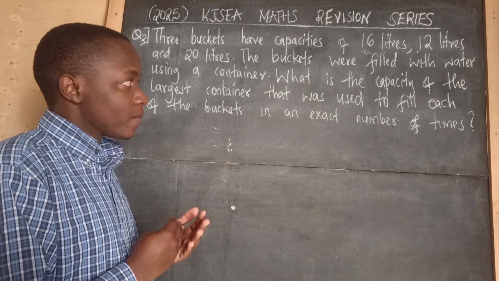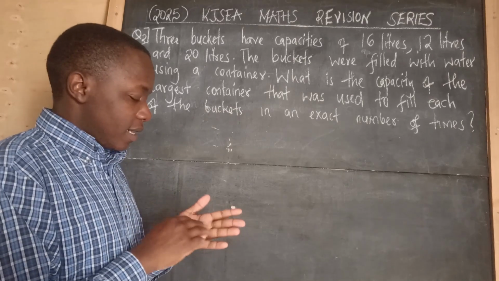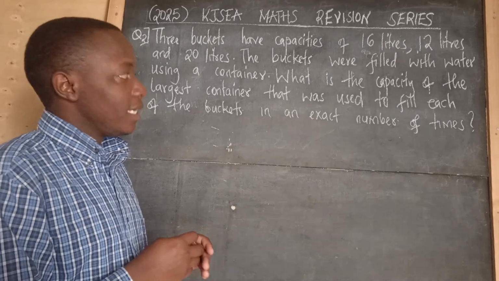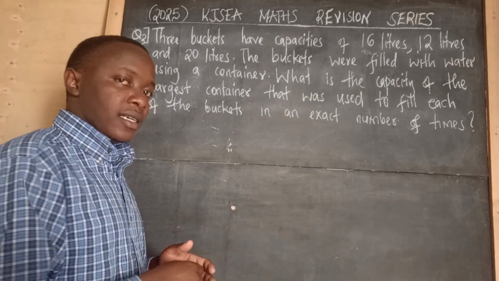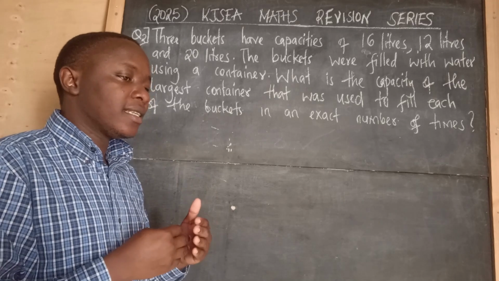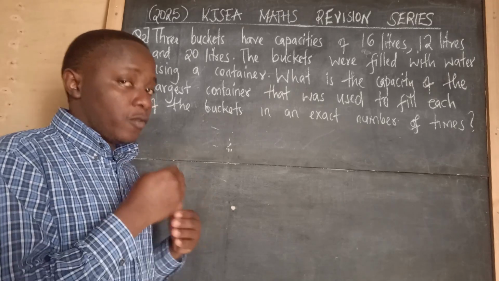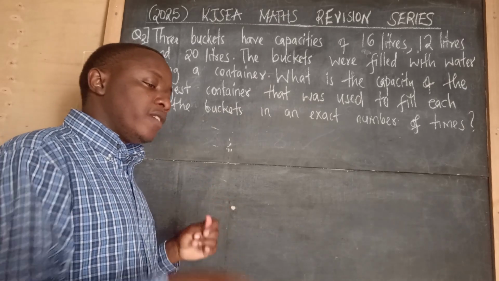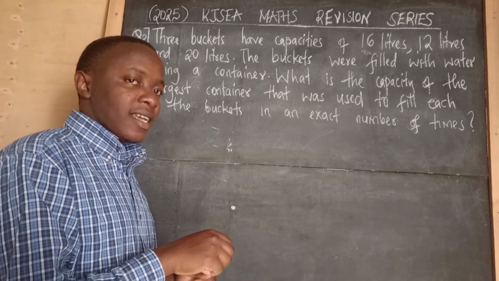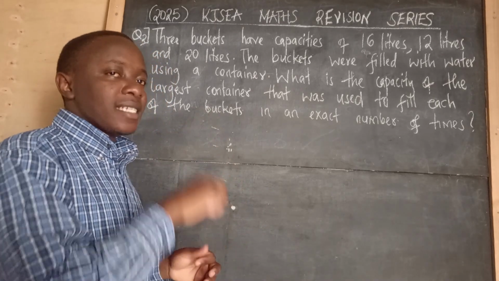Okay? So this container that is filling these buckets, it can fill these buckets in different number of times, but how it's filling these containers has to be an exact number of times.